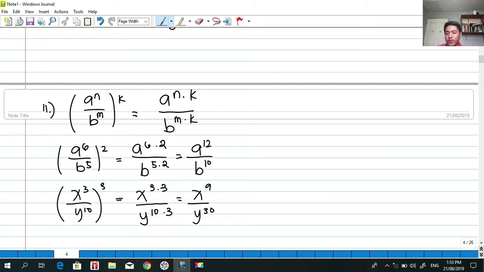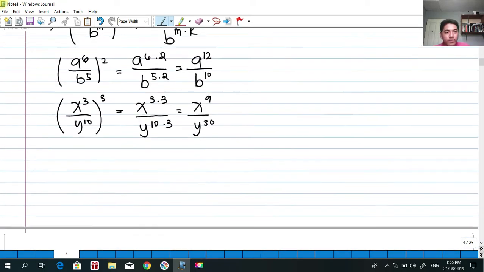So now we're going to solve some problems involving expressions that involve exponents. We're going to simplify expressions with exponents. Let's try to solve some problems.